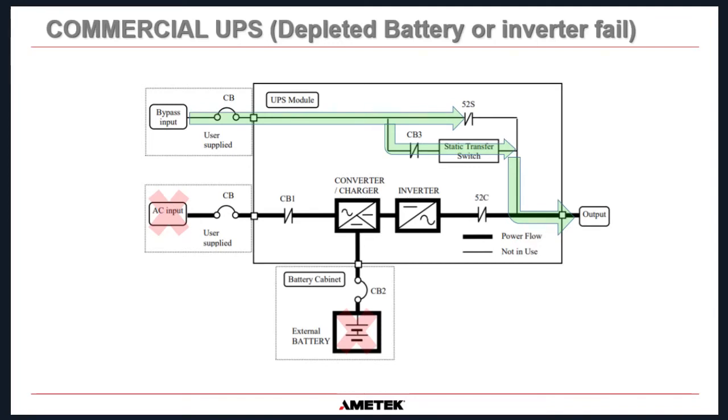The static transfer switch allows an instantaneous transfer, and then as soon as that transfer has occurred in a commercial UPS, the contactor 52S will close and basically bypass the static transfer switch, and the power flow will now be directly from your bypass supply all the way through 52S, this contactor here, and directly out to your output. Okay, and that's the same if the inverter had failed as well. The static transfer would instantaneously transfer, and then this contactor here would take over.